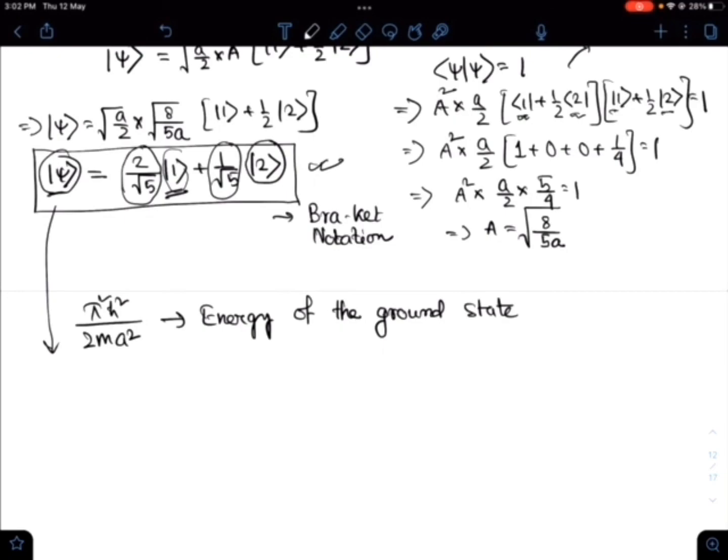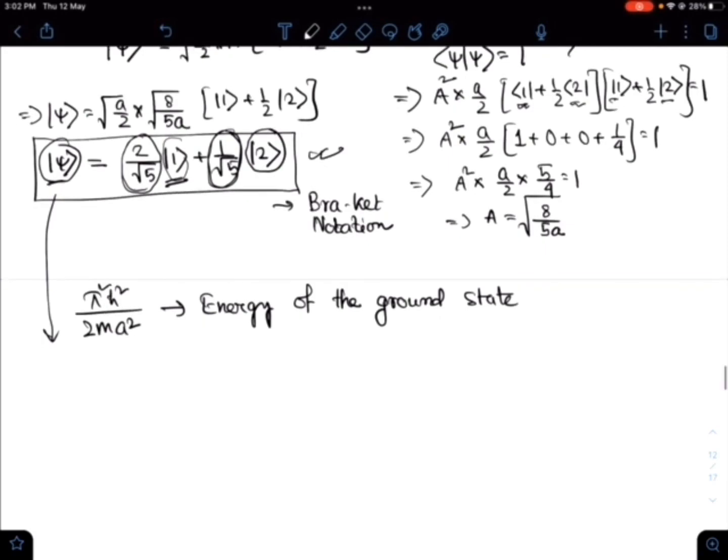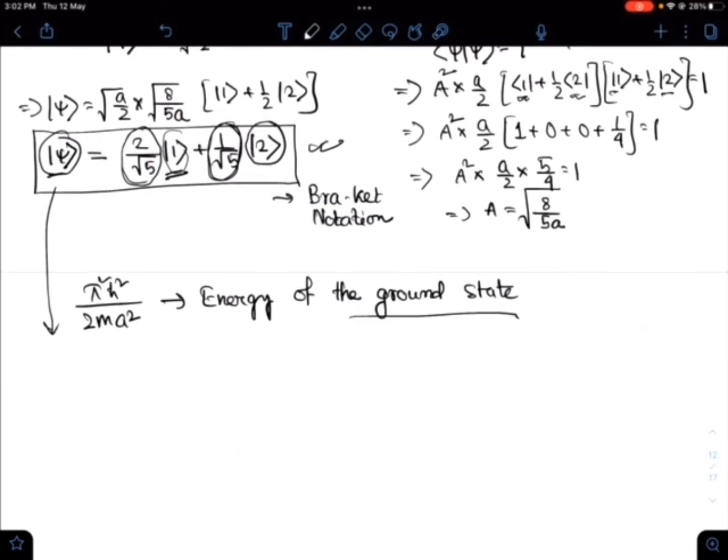What does this coefficient and this coefficient signify? Suppose we measure the energy of the particle, the probability to get the ground state energy is the square of this coefficient. Similarly, the square of this 1 by root 5 term represents the probability for the state to collapse into the first excited state.